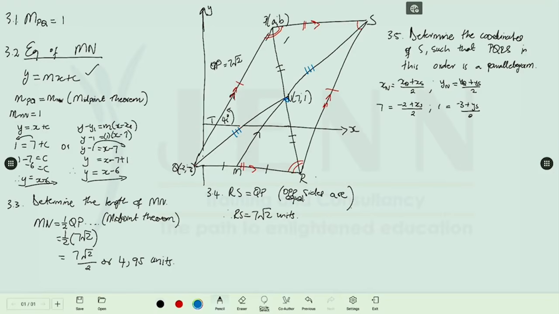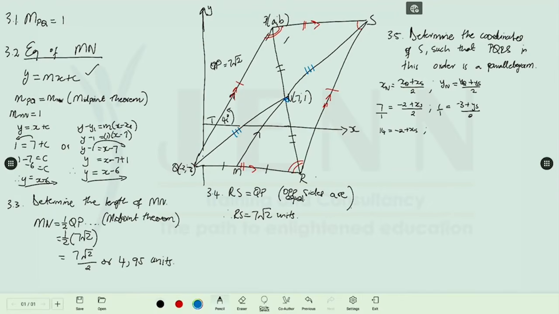Then from here, to make our simplification much easier, put 7 over 1. Then I apply cross multiplication. 2 multiplied by 7 gives me 14, equals 1 multiplied by -2 plus the x-coordinate of S. It will not make much of a difference, so we are left with -2 plus the x-coordinate of S. We apply the same procedure on the y's.